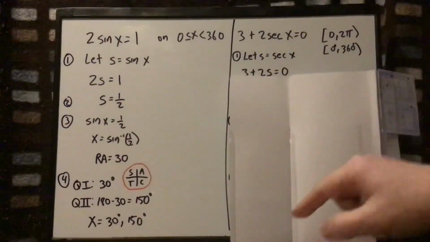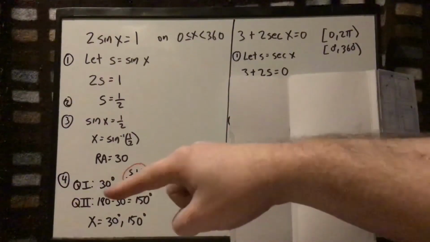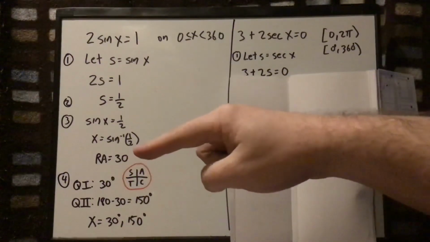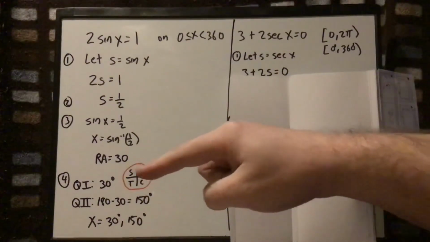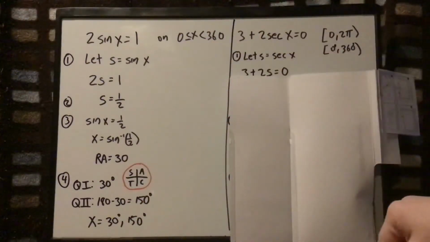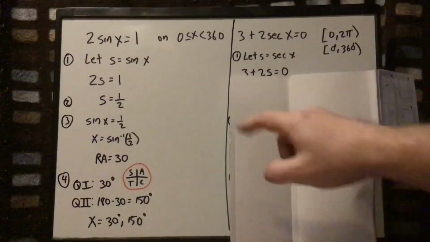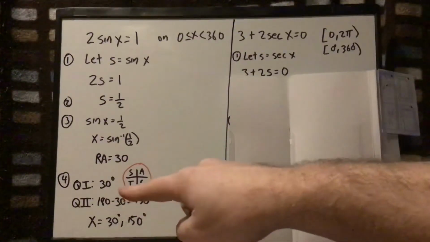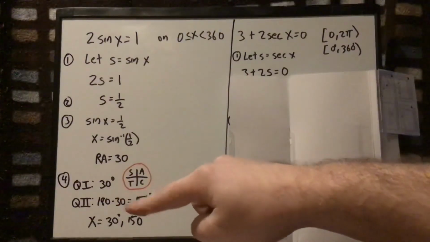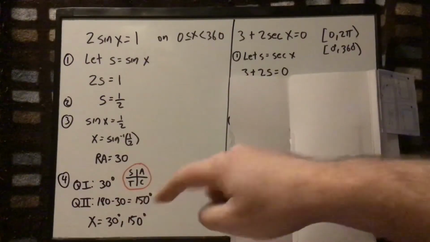So you see below, how did I come up with step 4? Step 4 was find all of the answers that work. 30 is one of my answers, but I need all of the answers that work in a range from 0 to 360. So how I solve this is I think about, well, there's two quadrants, so I need an answer out of quadrant 1 and an answer out of quadrant 2.